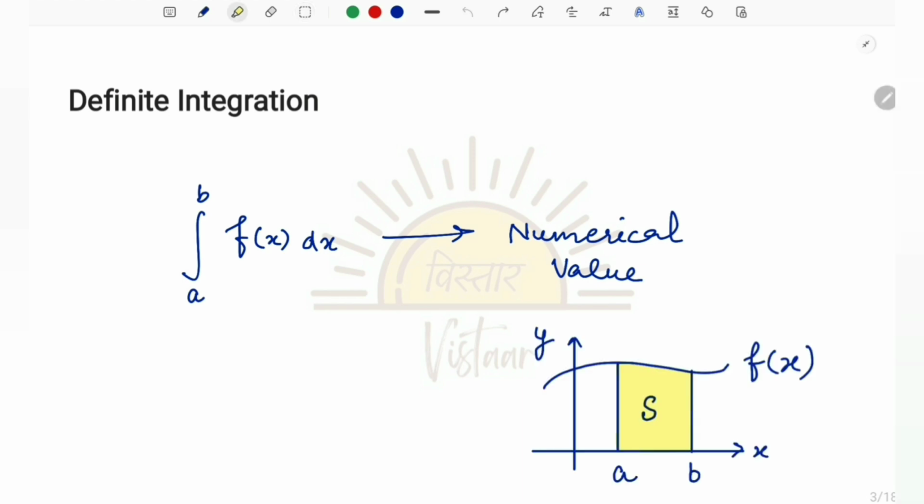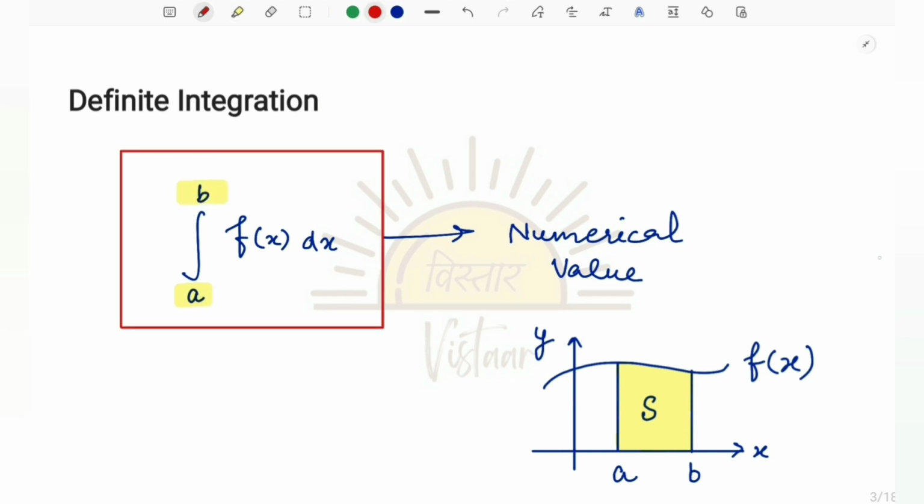The integral sign is accompanied by specific limits of integration denoting the starting and the ending point of the interval. So this integral of f(x) dx from the limits a to b represents the definite integral of the function f(x) from point a to point b on the x-axis.